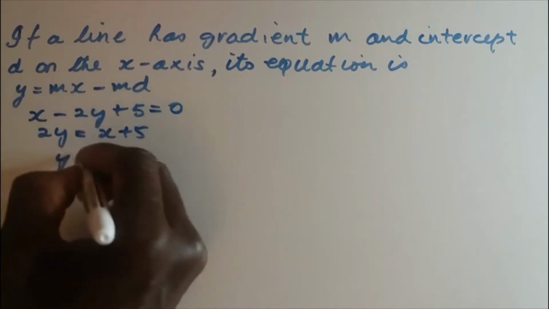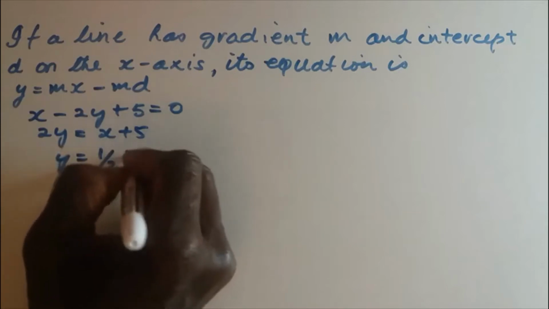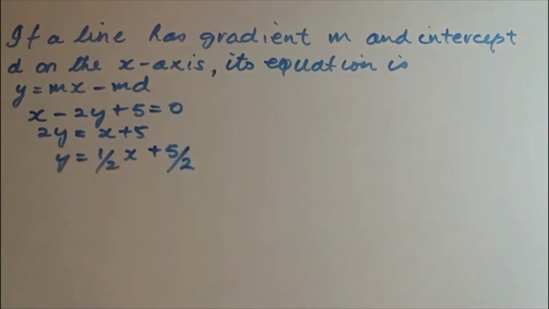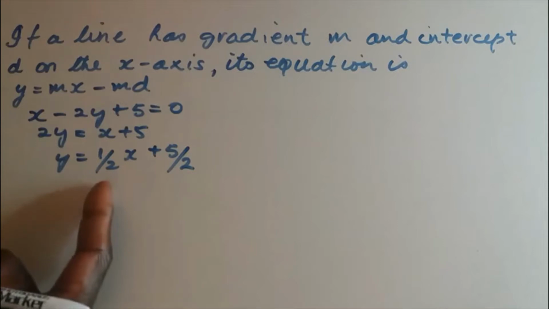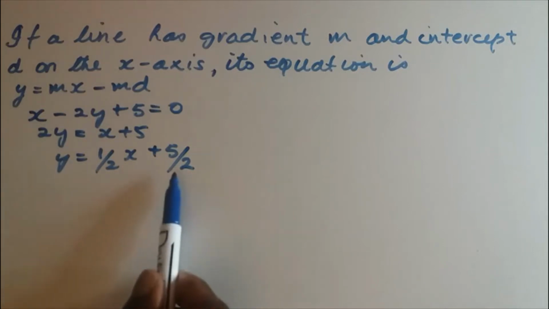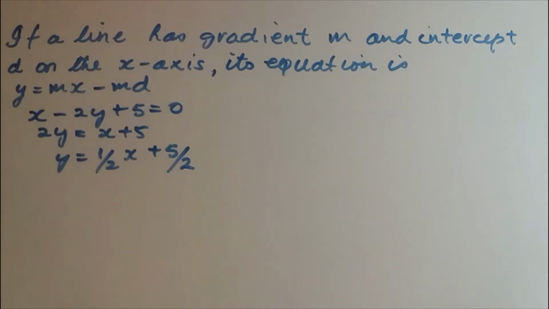That gives us y equals half x plus 5 over 2. So we have our gradient here is a half, and our y-intercept, or c, is 5 over 2.